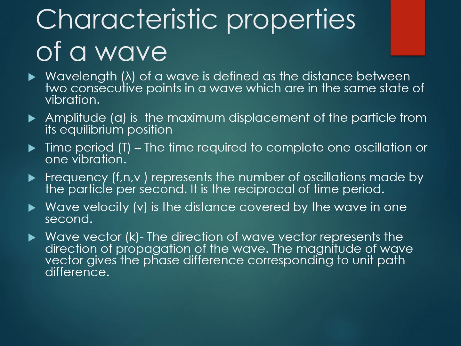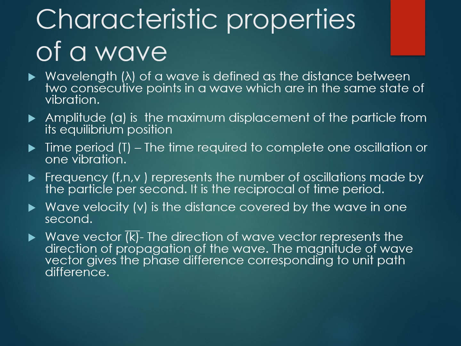Then frequency, represented by either f, small n or nu. We use the letter small n for frequency, and it represents the number of oscillations made by the particle per second. It is the reciprocal of time period. You may ask that nu bar is the reciprocal of wavelength, but we haven't included it as a characteristic property, whereas we are including frequency, where it is the reciprocal of time period, because here frequency has a definition, it has a meaning.